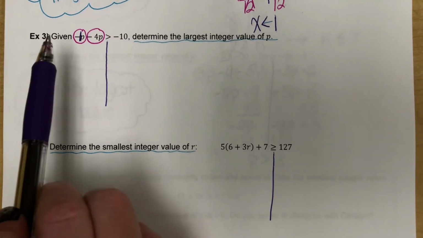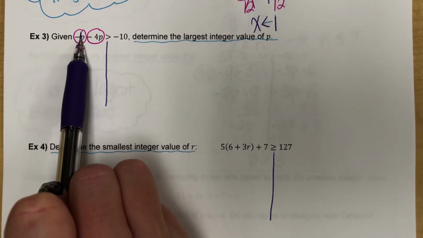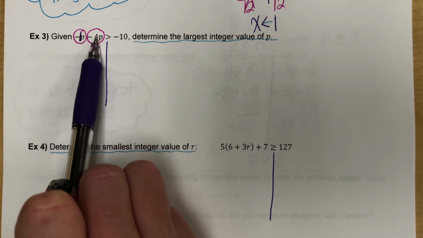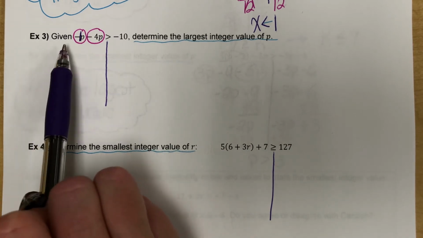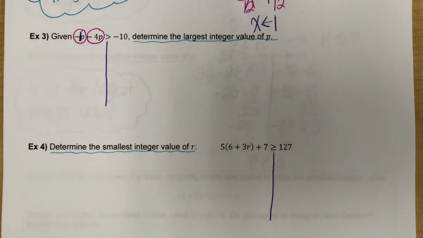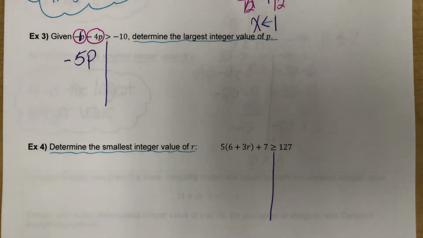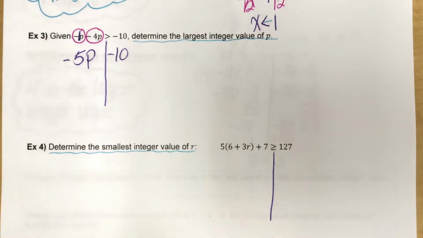If this helps you, I know it helps me, I'm going to put that invisible 1 out front, so I know this is really a -1p, and again, that's a -4. So in the calculator, you would type in -1 minus 4, and you would get -5. So we have a -5p on the left. I have a -10 on the right.